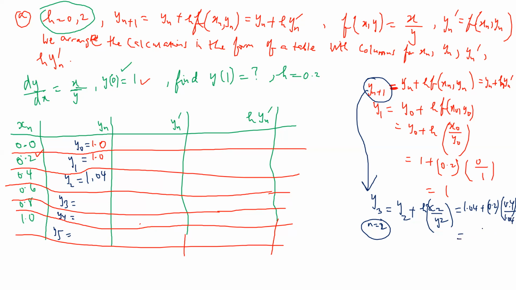Okay, we use a calculator for this: 1.04 plus 0.2 times (0.4 plus 1.04). Let's see what we can do. Just 1 sec.